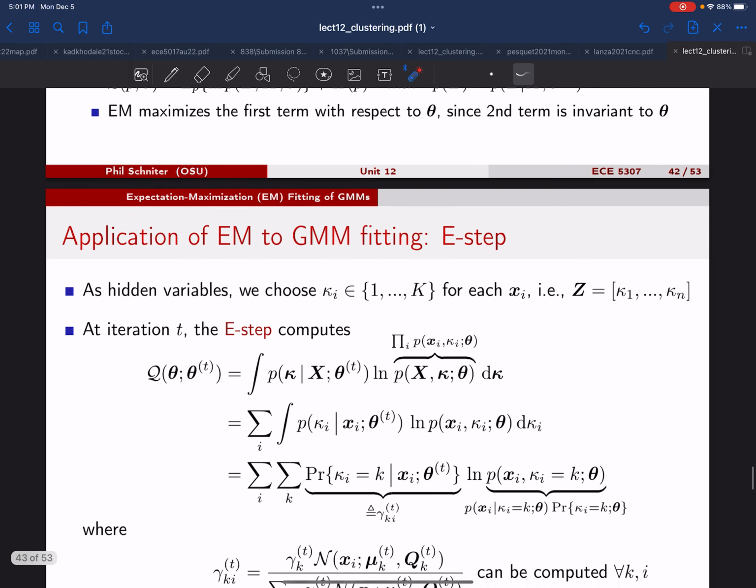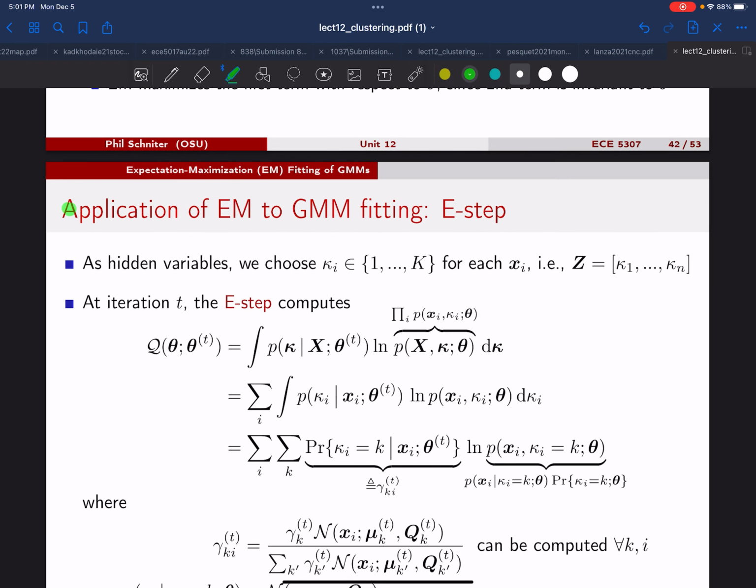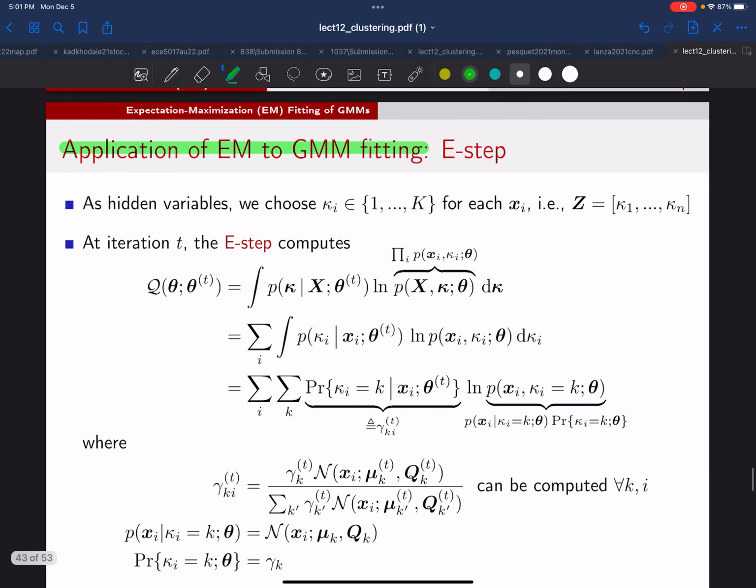Next task for us is to apply the EM algorithm to Gaussian mixture model fitting. So we're going to start with the E step. The first thing we have to do is choose our hidden variables. The way we'd like to do this for a Gaussian mixture model fitting is that we're going to choose kappa i. Kappa i, if you remember, is the integer that tells us which component xi was generated from in that hierarchical model.